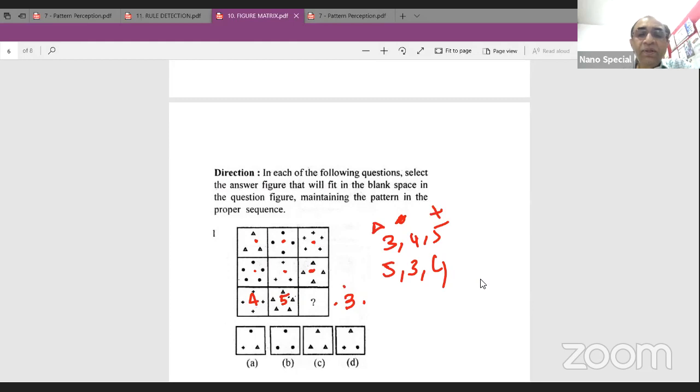That's it. 3 dots. And for that reason, answer is B. So let us not complicate it. So simple logic. There are two elements here. One is shapes, the other is number. Number is 3, 4, 5, and shapes are triangle, dots, and pluses. So the only thing that is left is dots and 3 dots. Answer is B straight away.